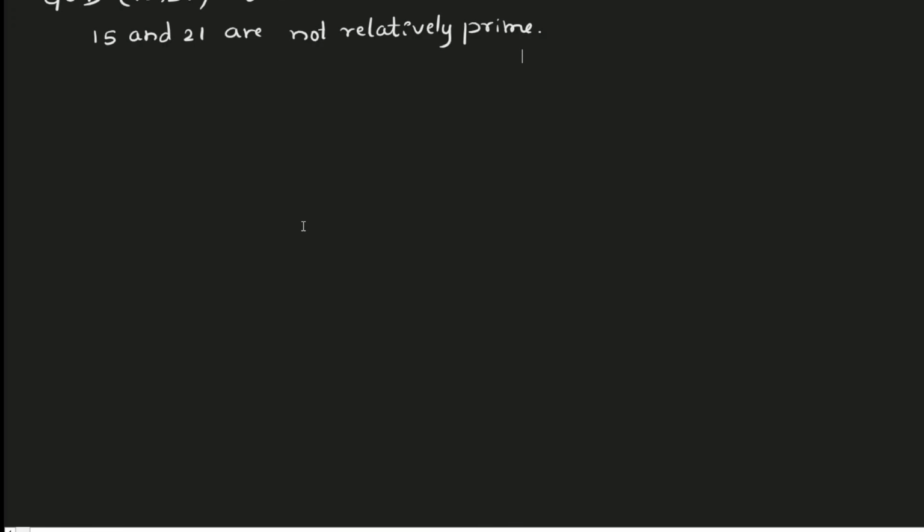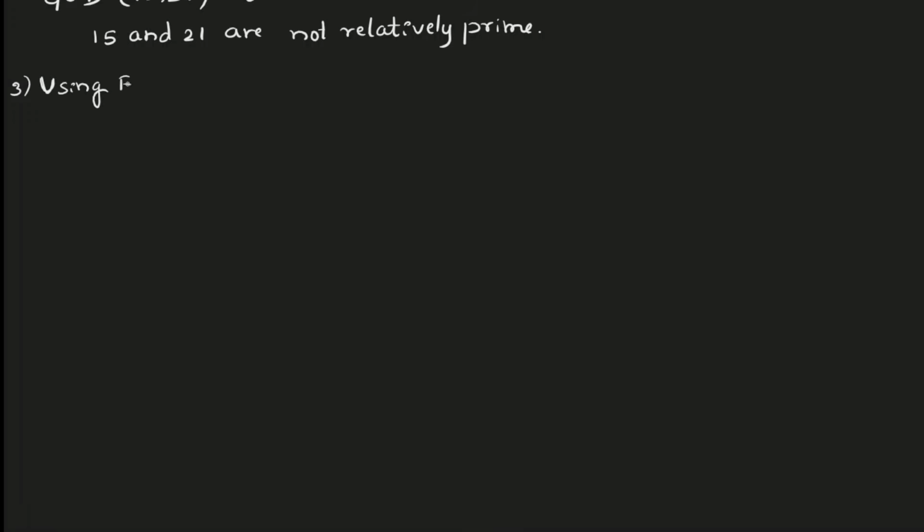Same, now we'll check using Euclid's algorithm. Check whether 83 and 19 are relatively prime or not.